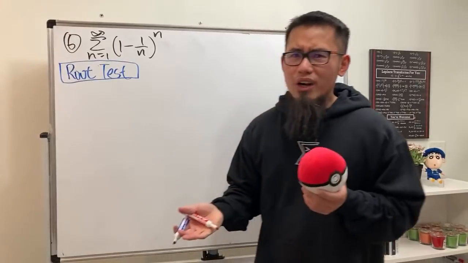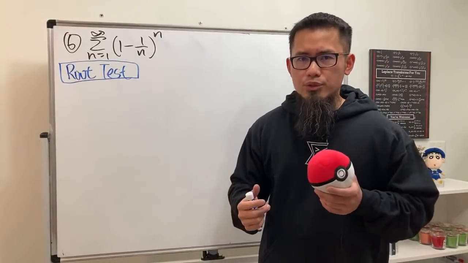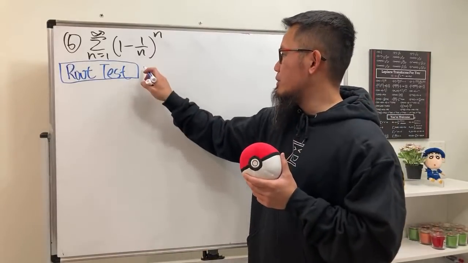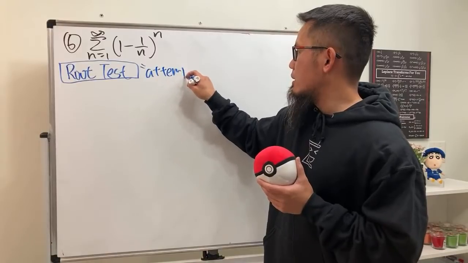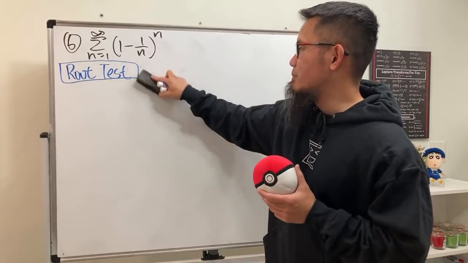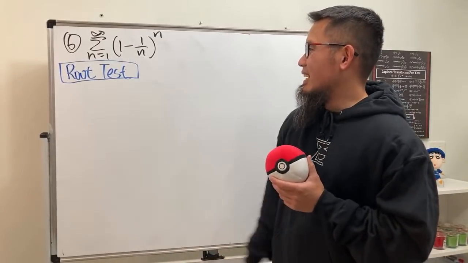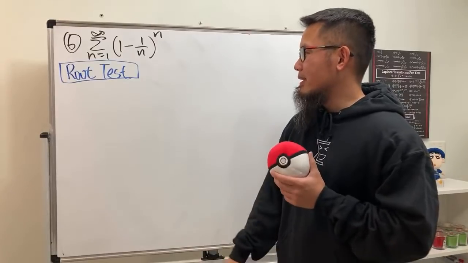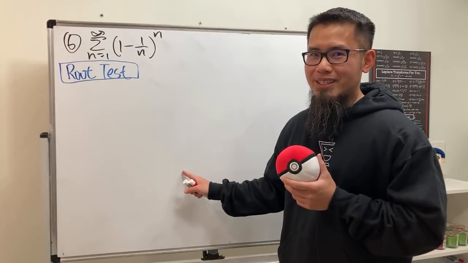Because as I told you earlier, when you have the n in the exponent, maybe we should just do the root test. I'm just saying this is an attempt.